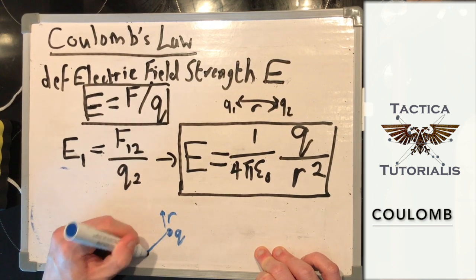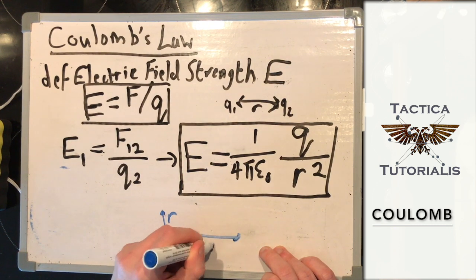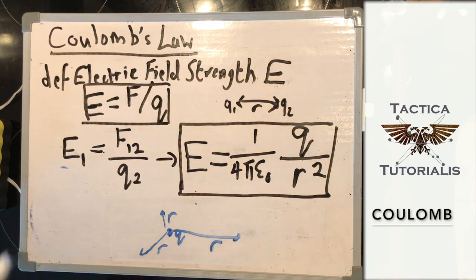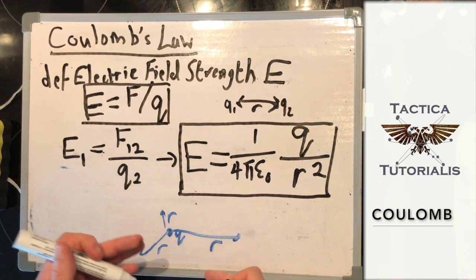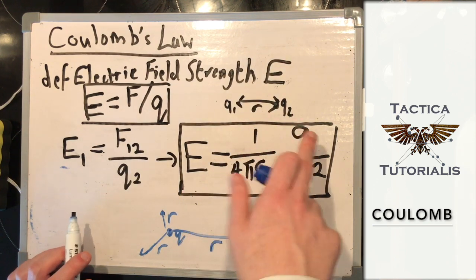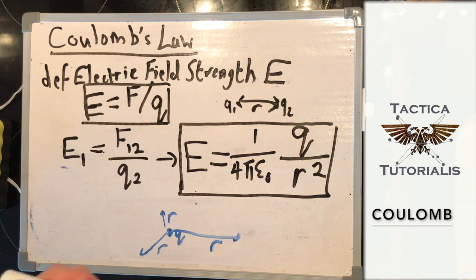Or you might go that far and say, that's r. So it is easy enough to say at a certain distance, the electric field strength is equal to 1 over 4 pi epsilon naught times Q all over whatever the distance you've been given is, squared.